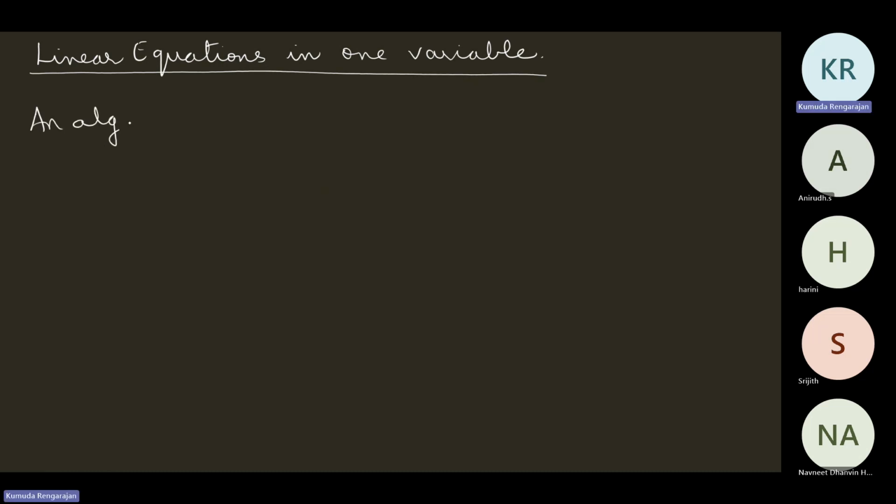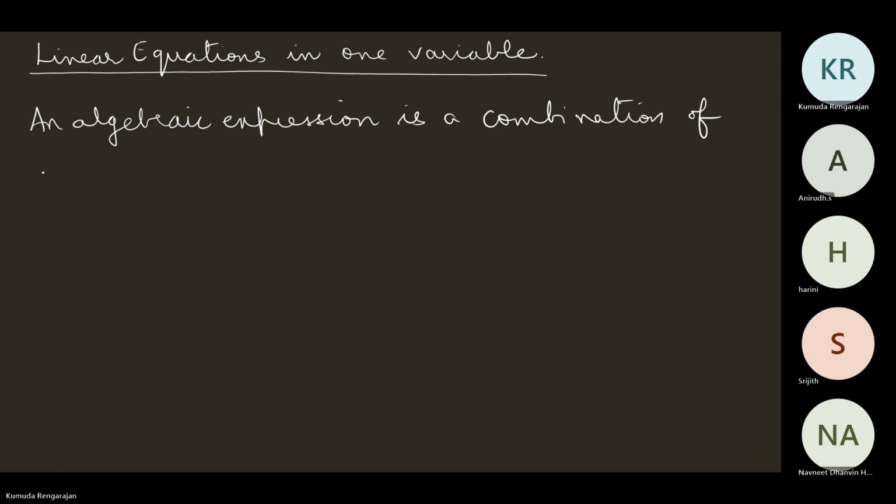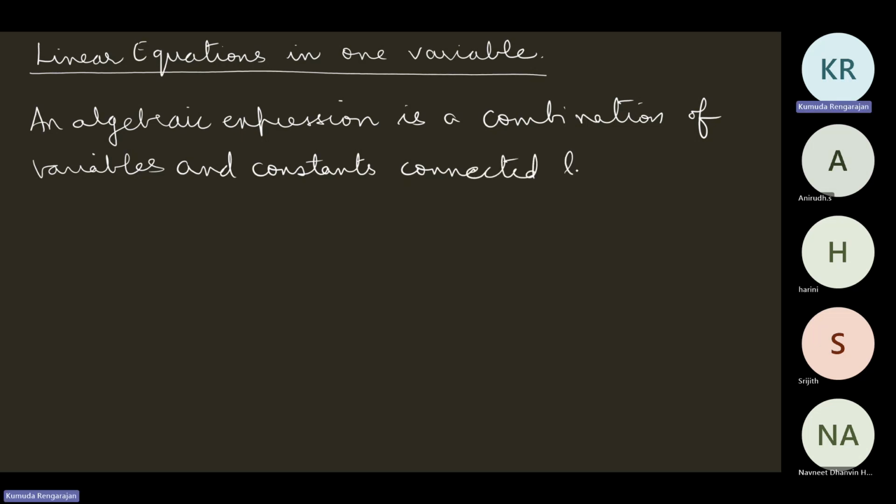An algebraic expression is a combination of variables and constants connected by some or all mathematical operations.